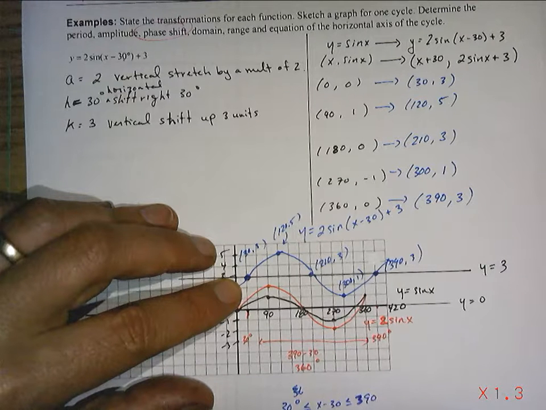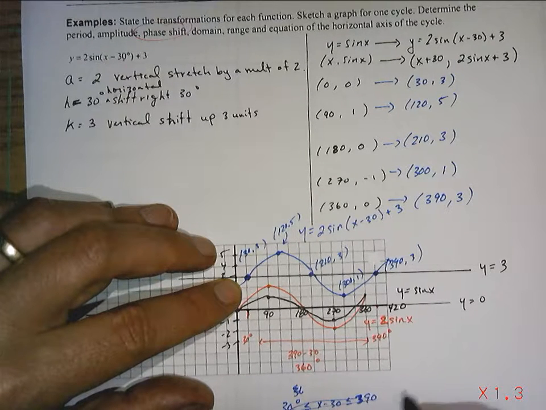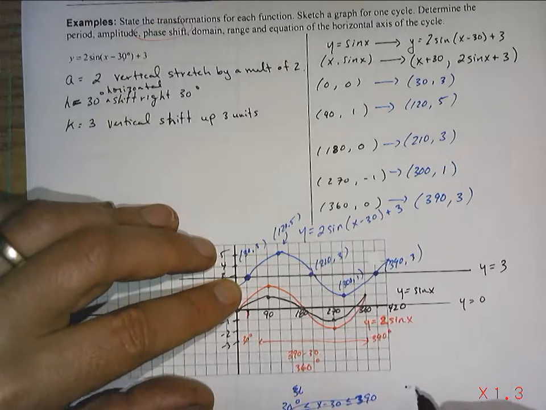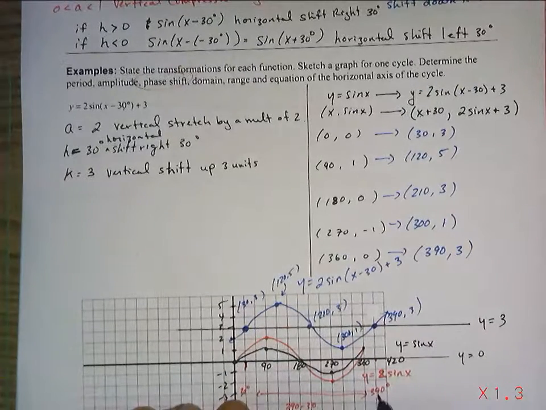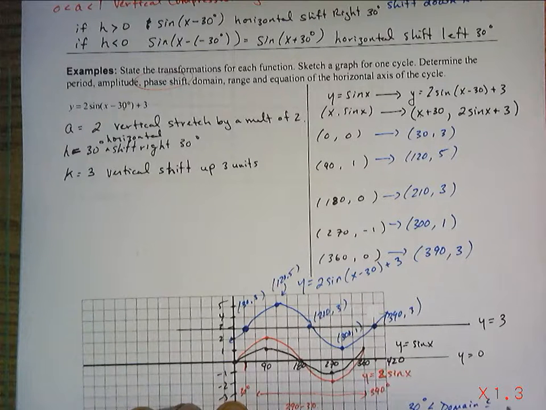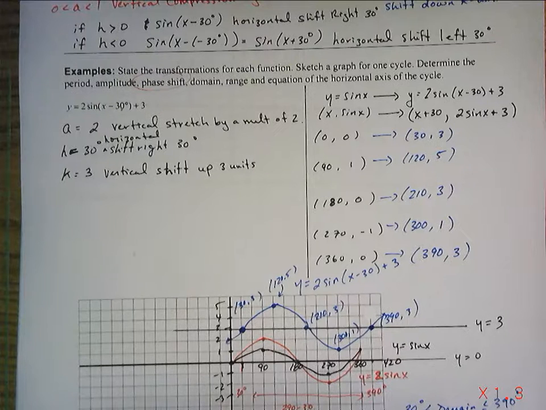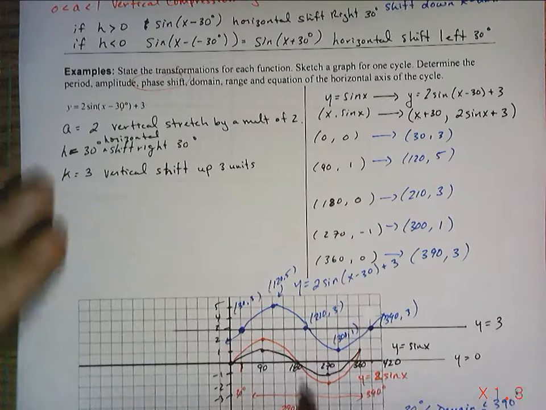Is that right? No, that's not right. I don't like that domain question. But the domain does go from 30 degrees to 390. What we would say is 30 degrees, 390 degrees. Yeah, that's the best way to do it because that x value gets confusing.